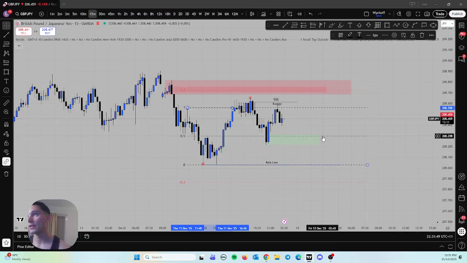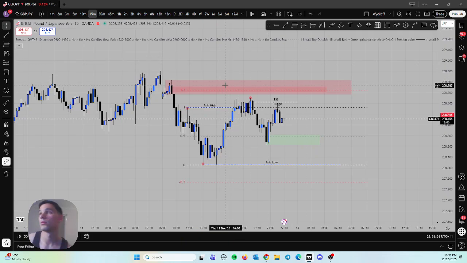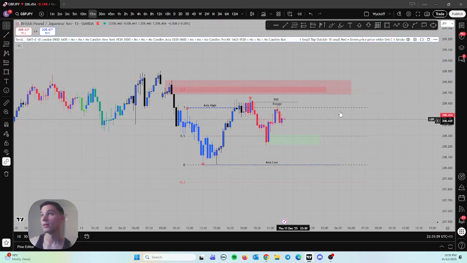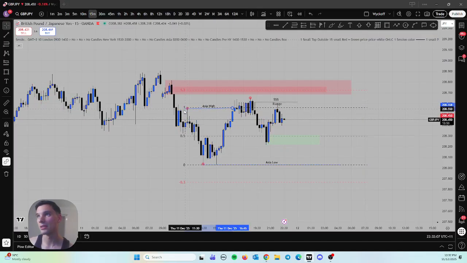Asia High, there it is. And also, for added confluence, Asia highs and Asia lows form our range, which is perfect. It is perfect.